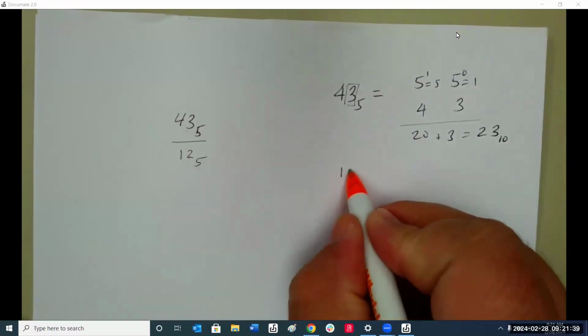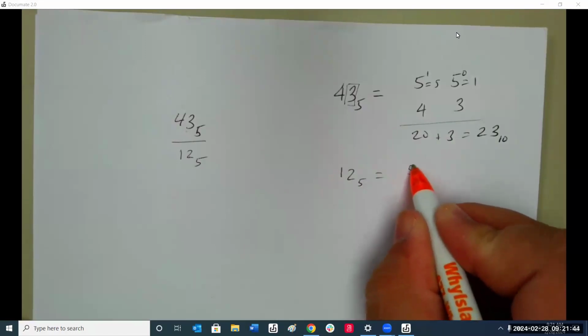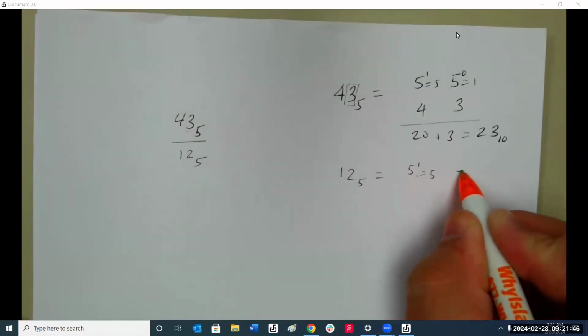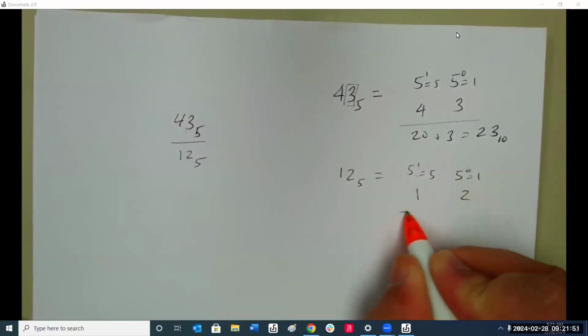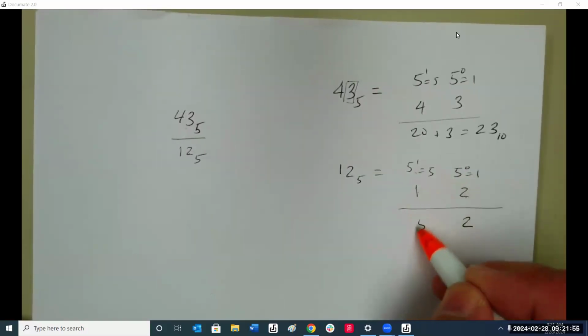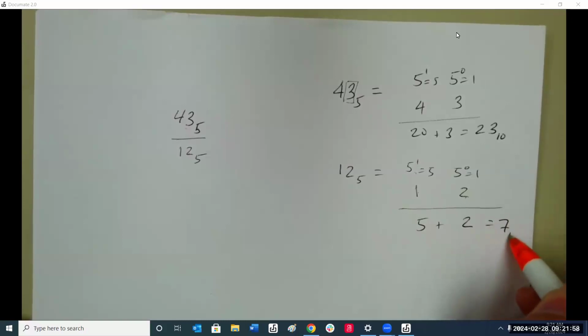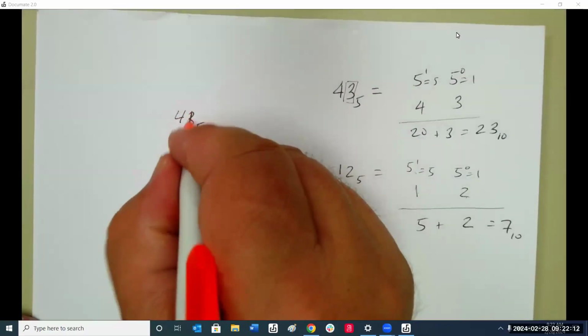And what does 1, 2 base 5 represent? So we have 1 of those and 2 of those. 1 times 2 is 2. 5 times 1 is 5. That number represents 7 base 10. Actually, let's make this one a 1.